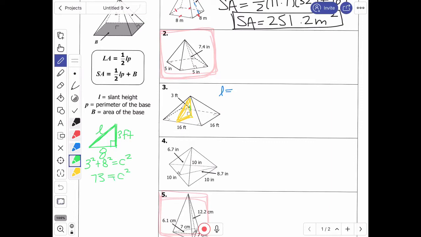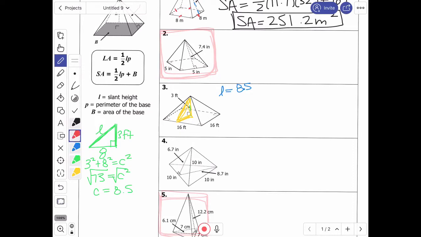And then I'm going to take the square root of both sides to get a slant height, or c value, of 8.5. So I know my slant height is going to be 8.5. Make sure I put a decimal in there.